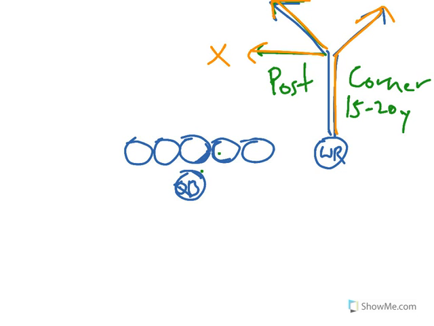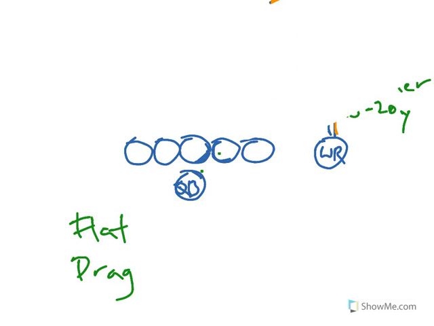Okay, so these are the most basic routes. There are other ones called the flat, and there's the drag, and a few other ones like, one I like a lot is when you do a curl.